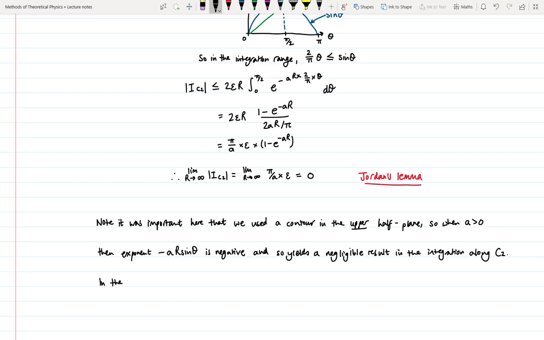On the other hand, if we had considered things in the lower half plane, this exponent would be positive, and that means that the integral would diverge.